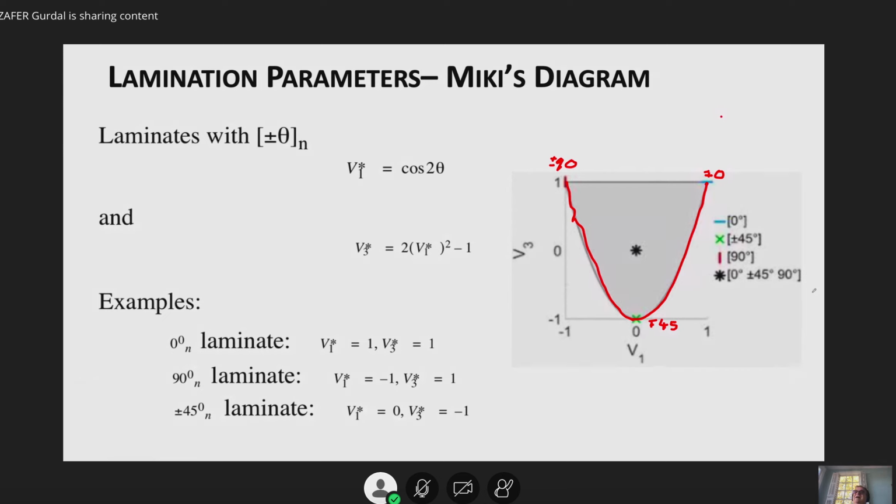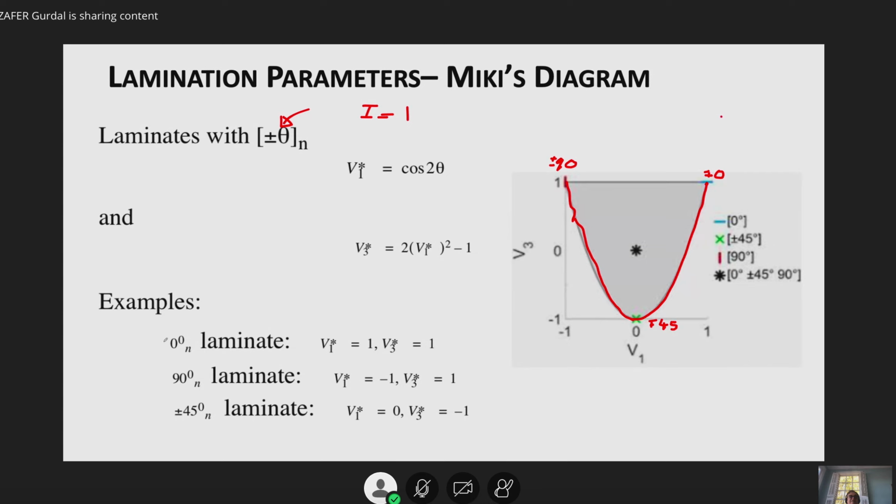Basically, every one of these points is a laminate, regardless of the thickness of plies that are made of plus minus theta. No other point is possible with this condition that we only have one angle, theta. So in the previous chart, there was an equation where I is equal to 1, only one orientation angle as a plus minus laminate.